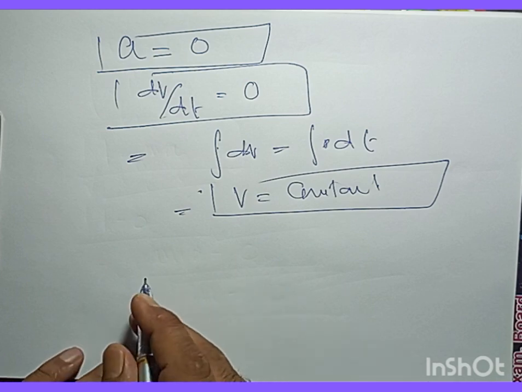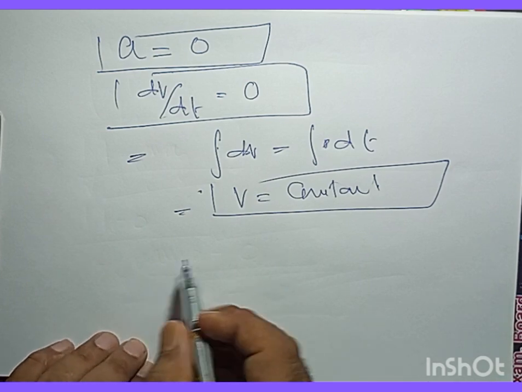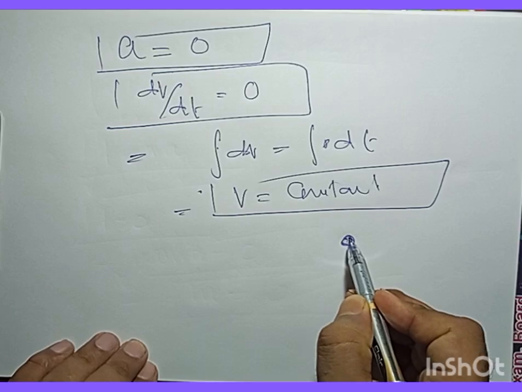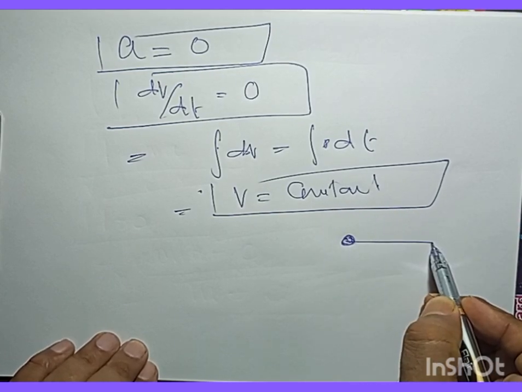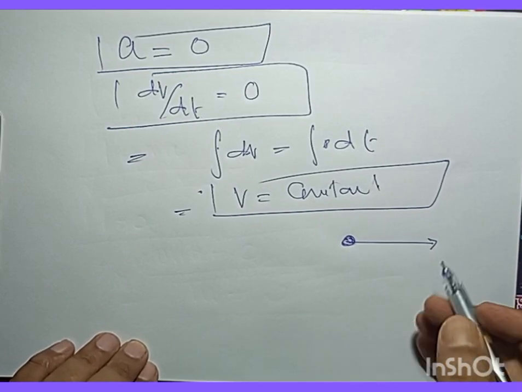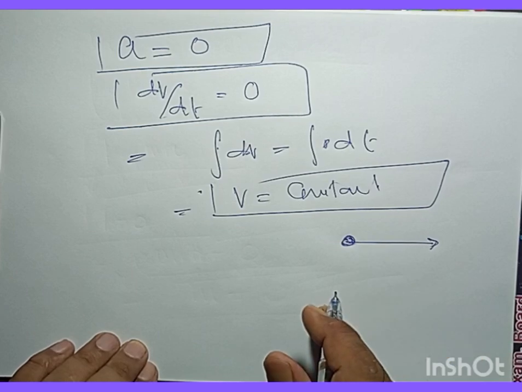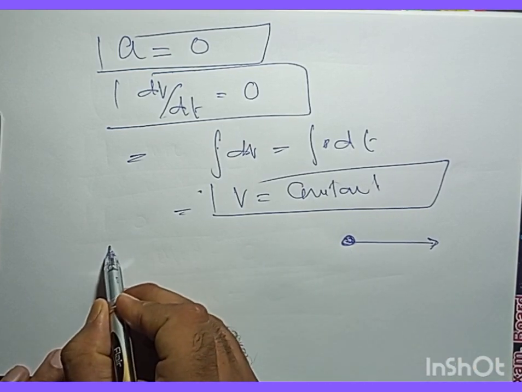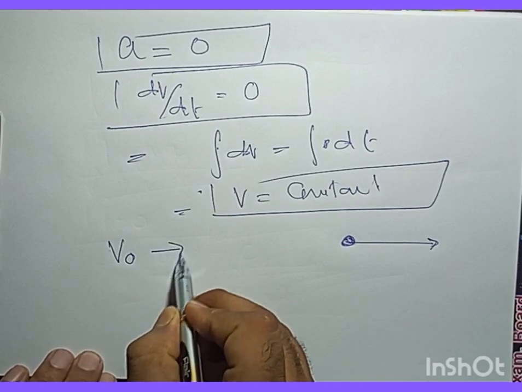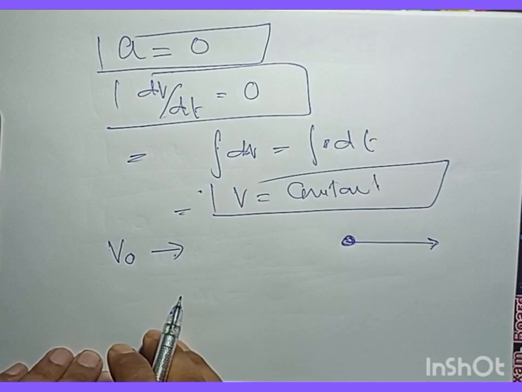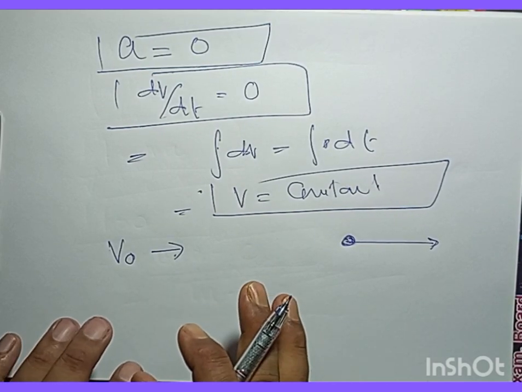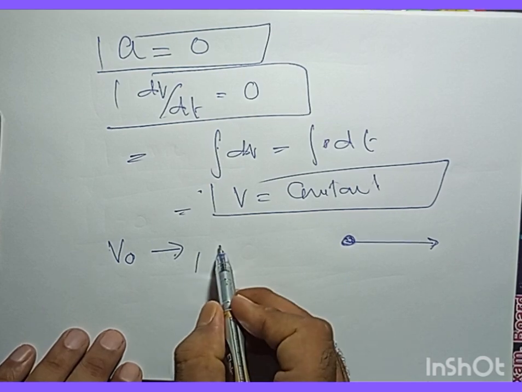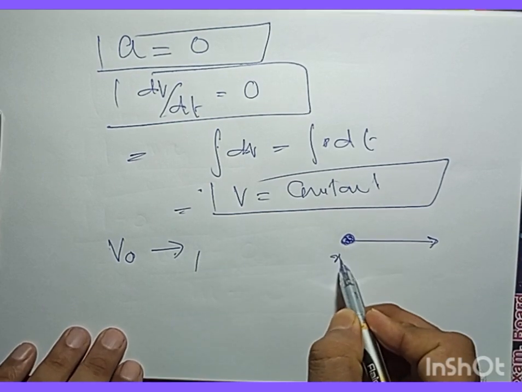Now, let's take an example. Suppose we have a particle moving along the x-axis with an initial velocity. Let me take that as v0, so v0 is the initial velocity, and it has some starting position, say x0.